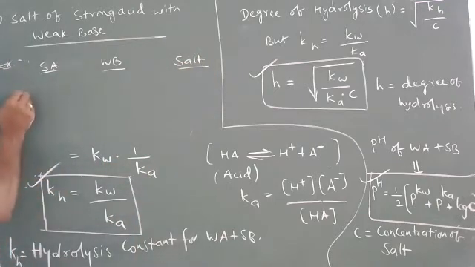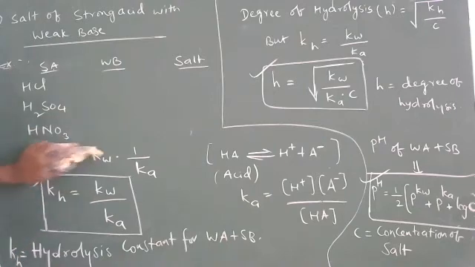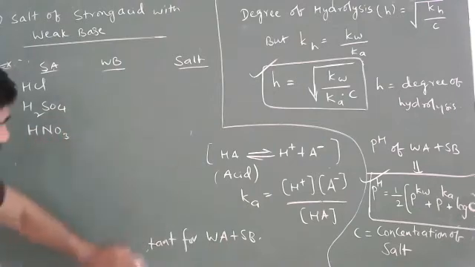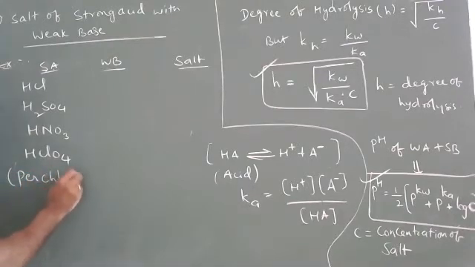Strong acids you can write. Which are strong acids? HCl, H2SO4, HNO3, right? So these are different types of strong acid. Perchloric acid, HClO4. The name of HClO4 is perchloric acid.